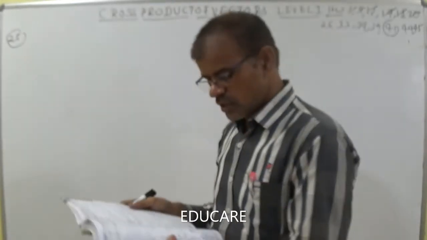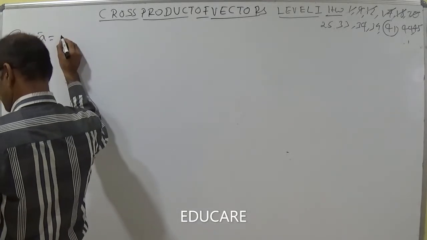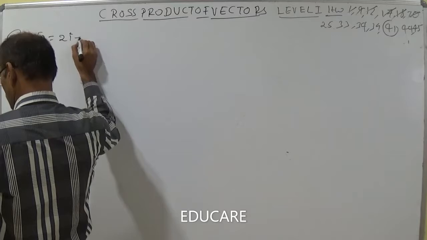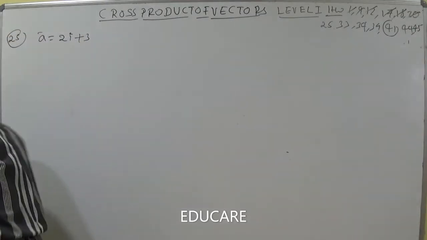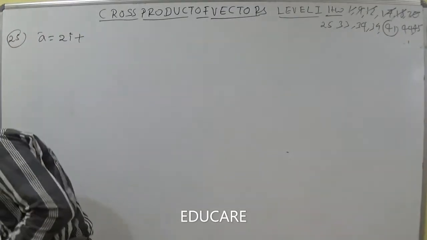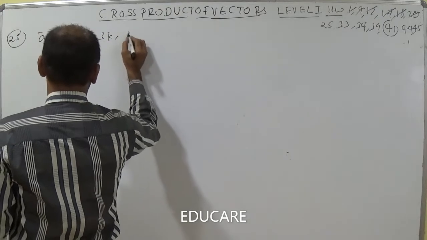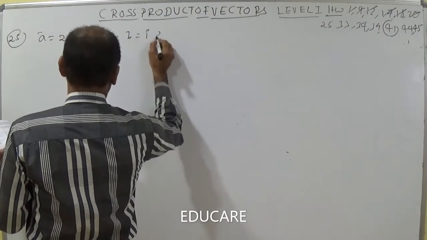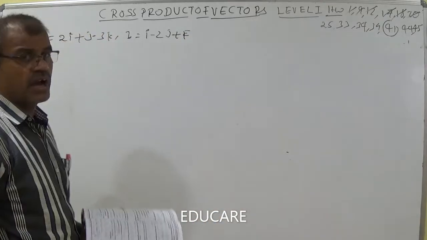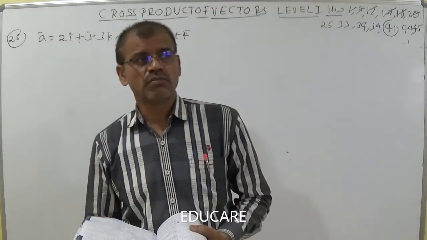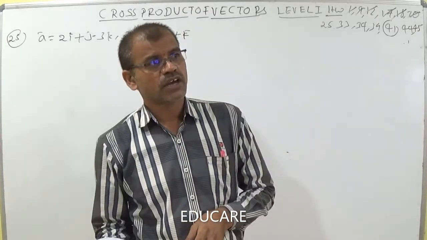The vector orthogonal to A bar equal to 2i plus j minus 3k, this is the first vector, and B bar is i minus 2j plus k, and having magnitude equal to 5. Whenever he gives magnitude equal to 5, you should consider the magnitude in the denominator also.